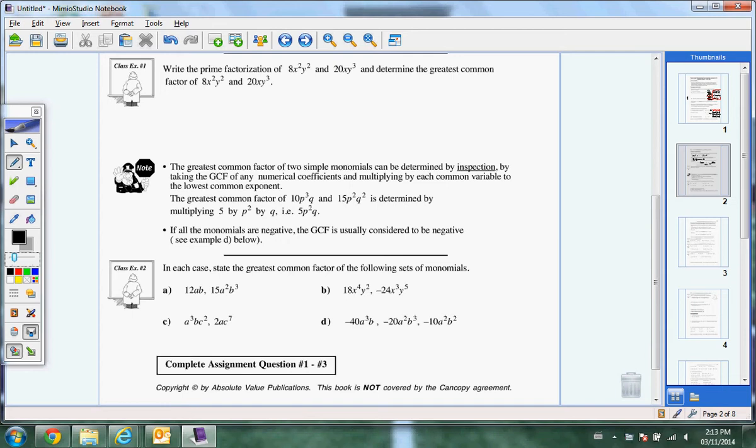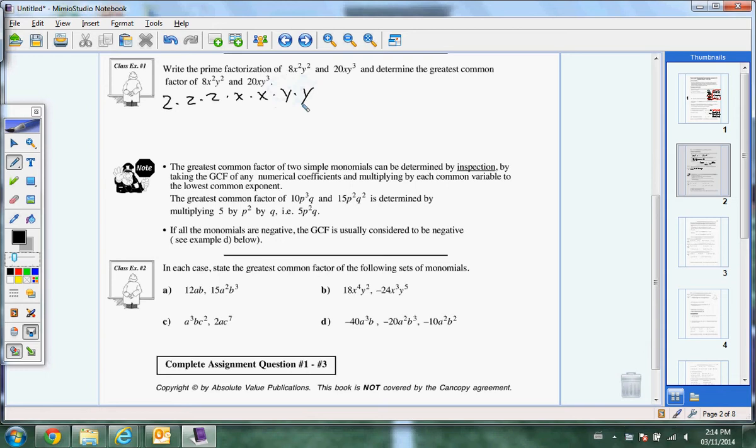So when I break an 8 down, what does 8 break down to? 4 and 2, which the 4 breaks down to 2 and 2, right? So 8 is 3 2s. So I'm doing the 8 right now. Then how many x's do I have? Again, this is just for visualization. This is just for understanding. You don't have to do this every time. How many y's do I have? 2. Okay, so there is my 8x squared y squared.